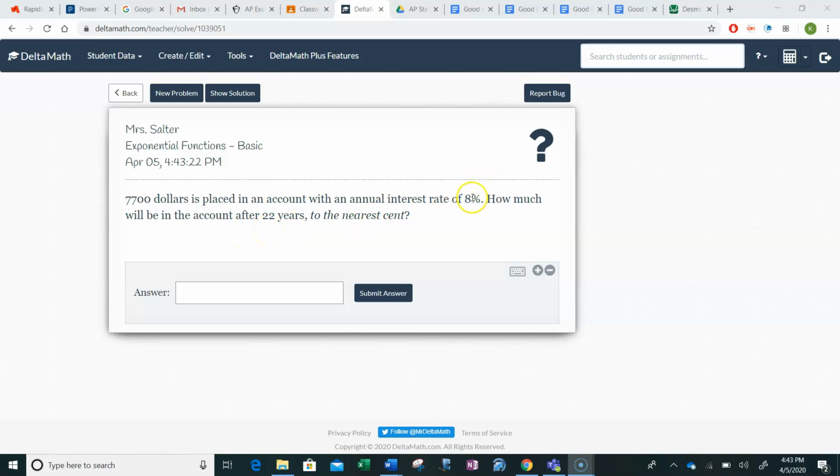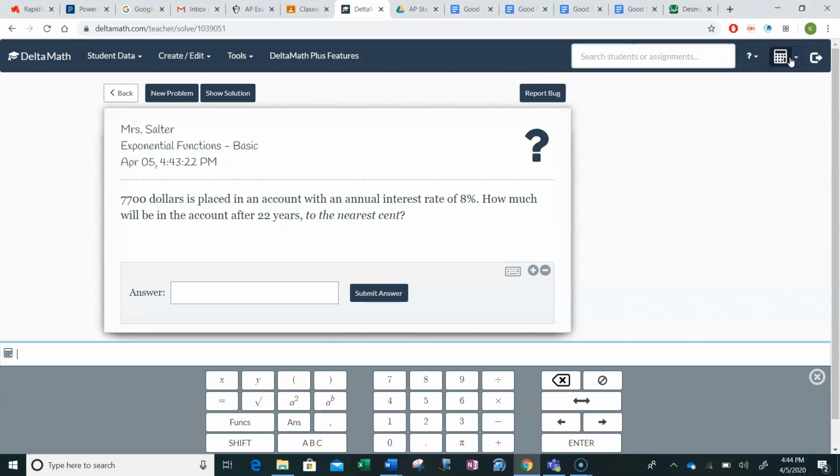So what you would do is you would say 8 divided by 100%, which is 0.08. You would add that to 1, so the multiplier would be 1.08. And then you would go in your calculator, and you can actually use the calculator right here in Delta Math if you would like. And you would type this in.